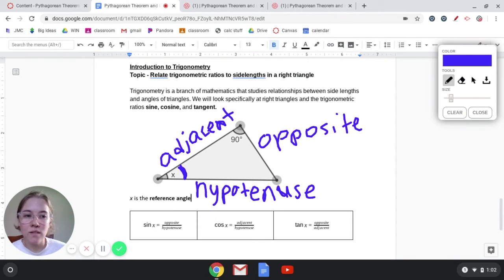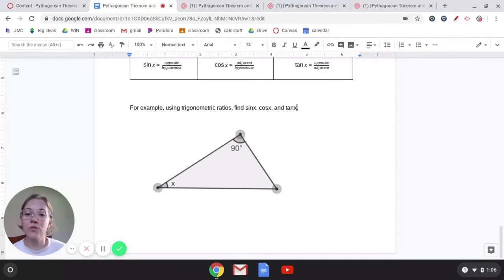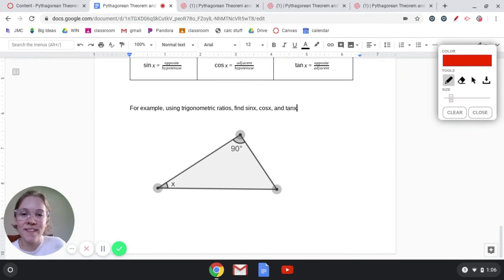So that means, I believe I have an example below. To find the trigonometric ratios sine x, cosine of x, and tangent of x, given these side lengths. So we are going to say that this is a Pythagorean triple. This side length we'll call 3. We'll just say this one is 4, and then the hypotenuse is length 5.